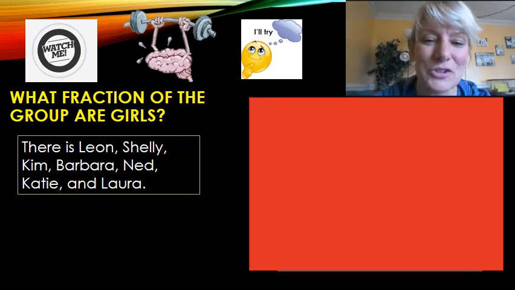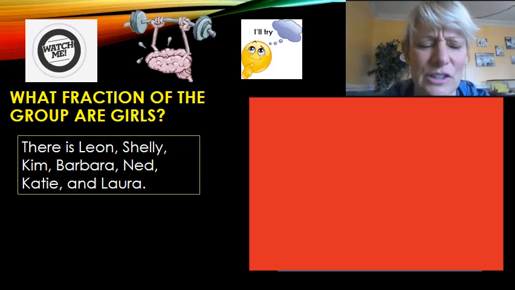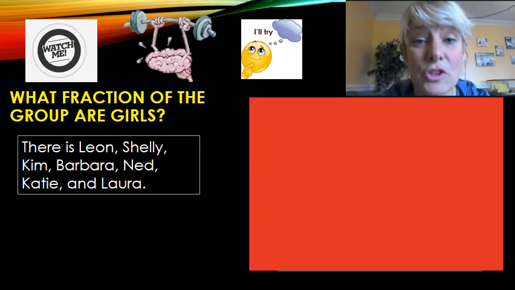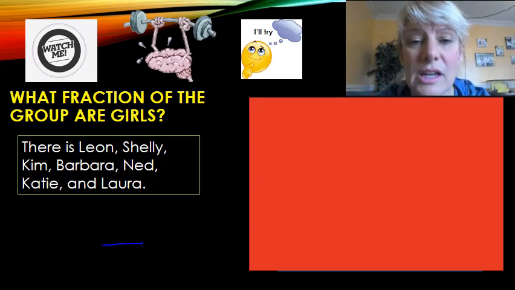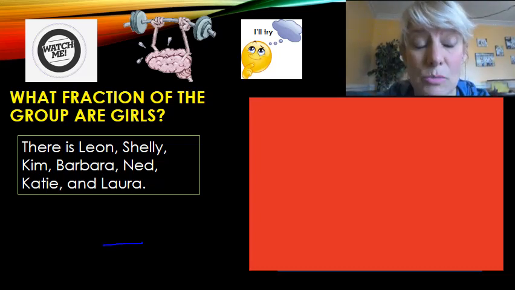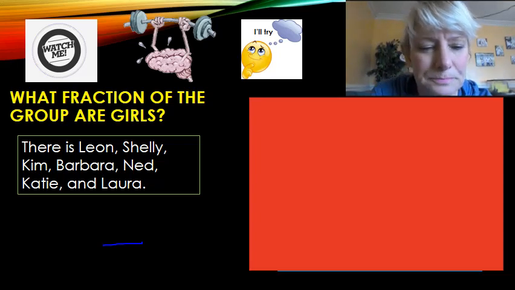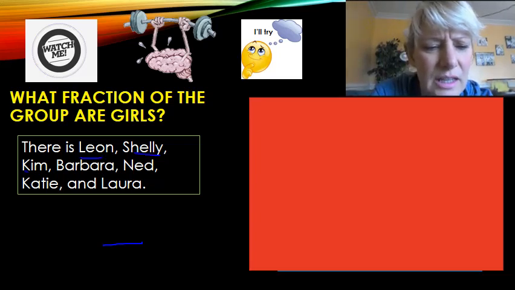Okay, here's the watch me side. This is done a little differently because now there aren't pictures, but there are words. It says what fraction of the group are girls? So we're going to use the same strategy in which we have a numerator and a denominator. So we're going to have to figure out how many total people there are for my denominator. Let's see, I have Leon, I have Shelly, Kim, Barbara, Ned, Katie, and Laura. 1, 2, 3, 4, 5, 6, 7.